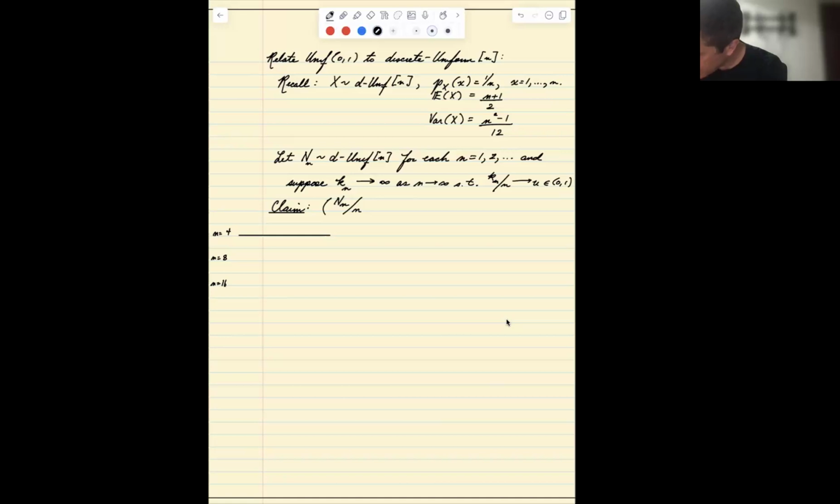values, which are 0, 1, 2, 3, 4. And then we have values 1, 2, 3, 4, 5, 6, 7, 8.